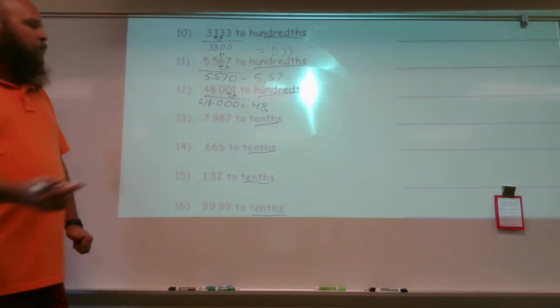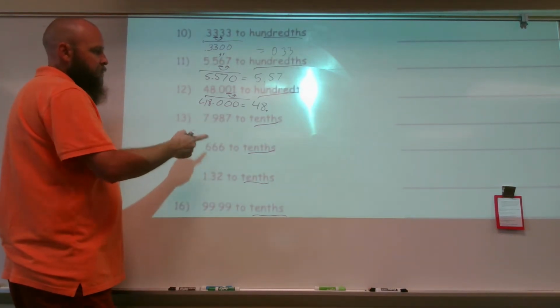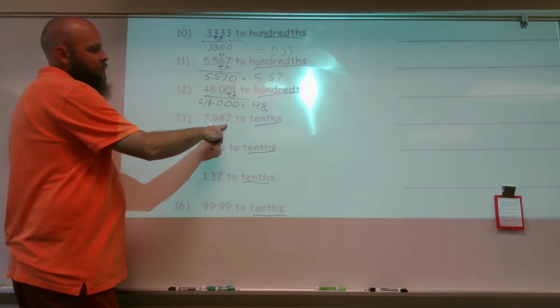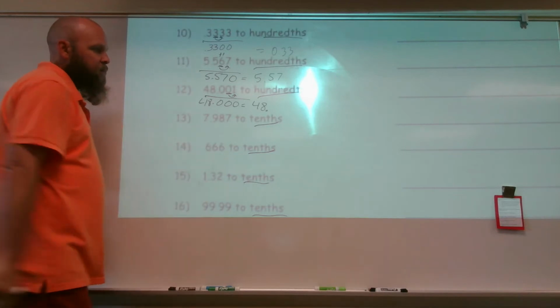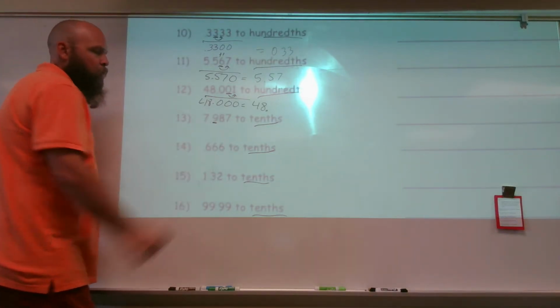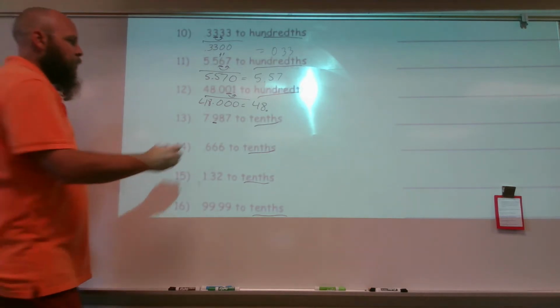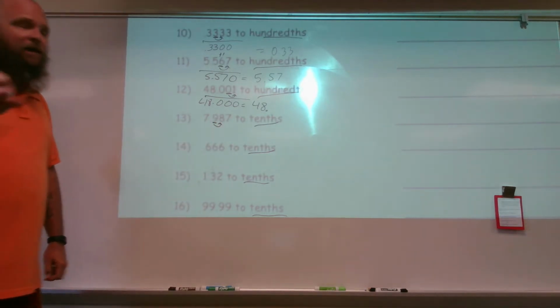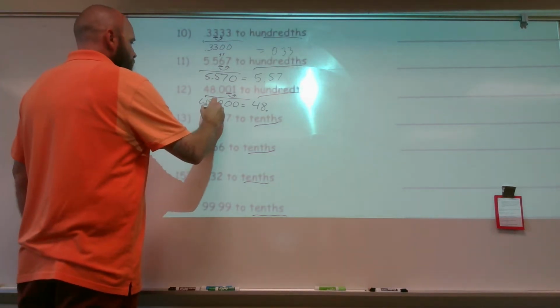All right, now we're rounding to tenths. To tenths, we have 7 and 987 thousandths. We're rounding to the tenths. We find our number. This is the tenths place, 1 right behind the decimal point. We look next door. Is the number next door 5 or greater? Yes. So then we add one more.